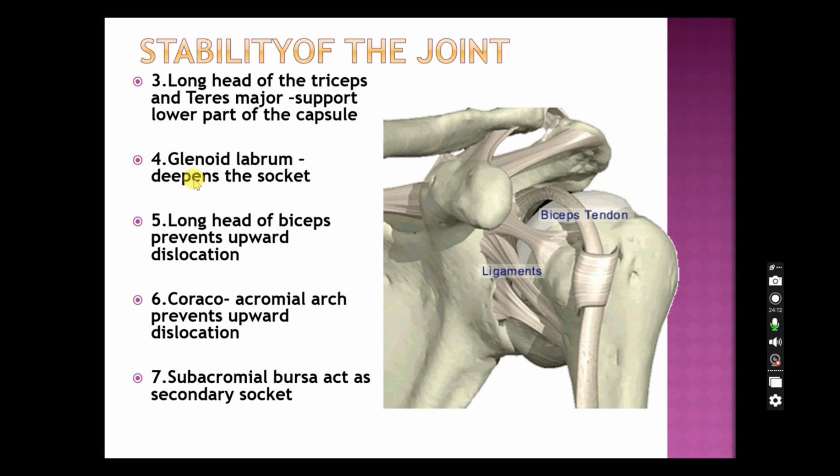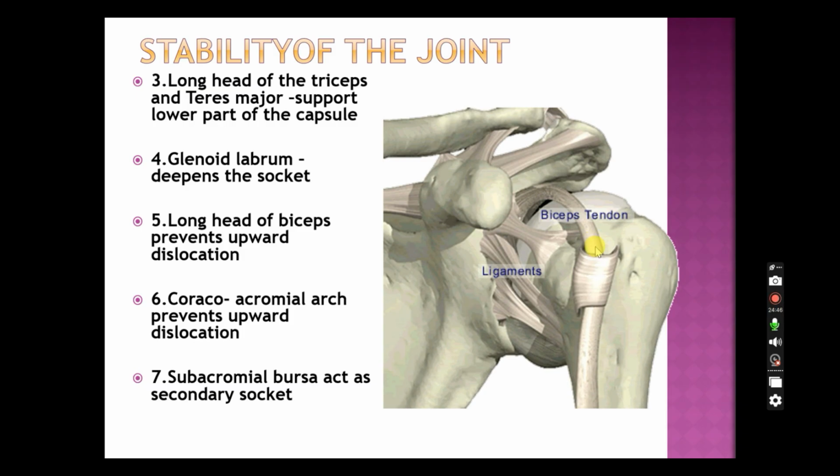The glenoid labrum deepens the socket, as we have already discussed. Now the long head of the biceps. When the arm is at the side of the body, that means in the normal pendant position, the biceps tendon, which takes origin from the supraglenoid tubercle, takes a course within the fibrous capsule and runs in front of the head of the humerus, as you are seeing in this diagram.